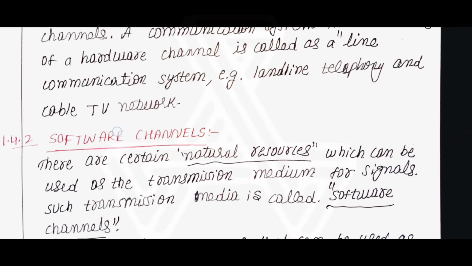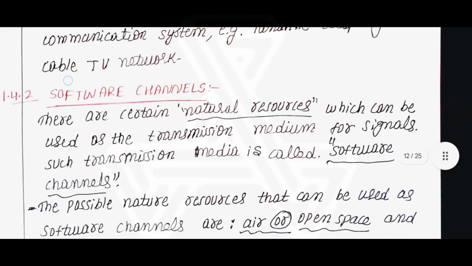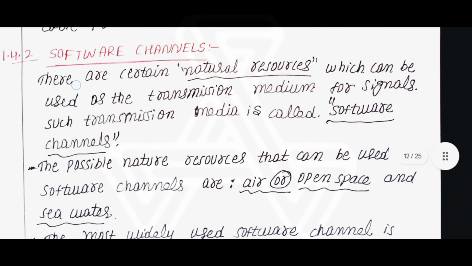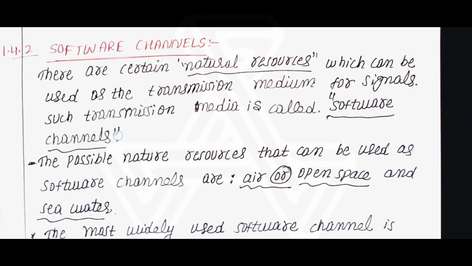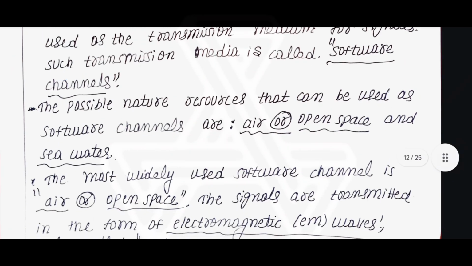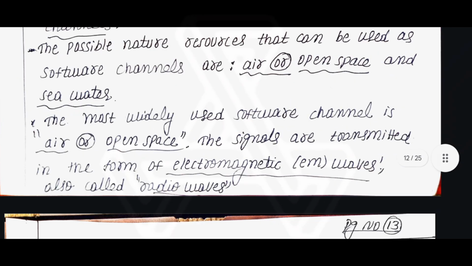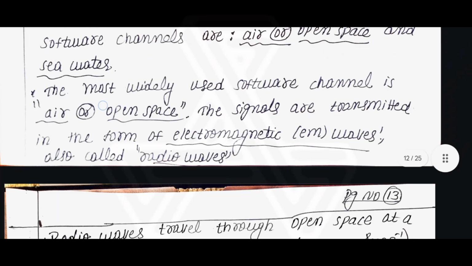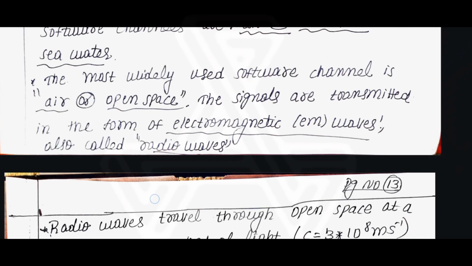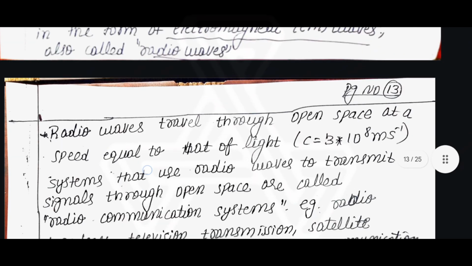Software channels: there are certain natural resources which can be used as a transmission medium for signals. Such transmission media are called software channels. The natural resources that can be used as software channels are air or open space and seawater. The most widely used software channel is air or open space. The signals are transmitted in the form of electromagnetic waves, also called radio waves.